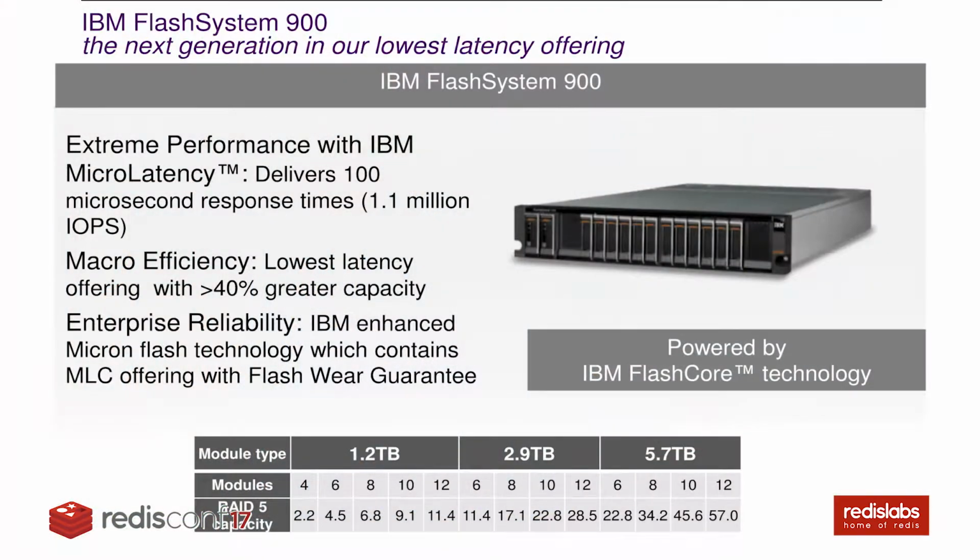So a couple of things on the performance. The IBM Flash System 900 itself delivers 100 microsecond response time at 1.1 million I/O per second. That's super impressive. But if you go back to that chart Brad showed and he talked about CAPI, you can see that in that environment at greater than 1 million I/O per second, you're also saving between 20 to 30 cores of CPU, based on the reduction in I/O path length from 25 to 27,000 instructions in the Linux kernel to 2,000 with the CAPI.